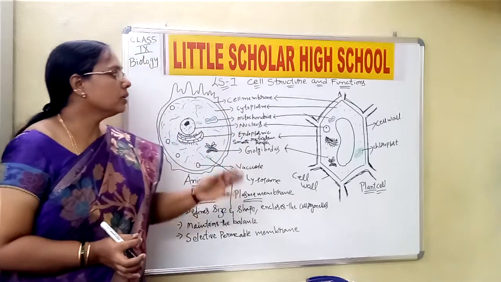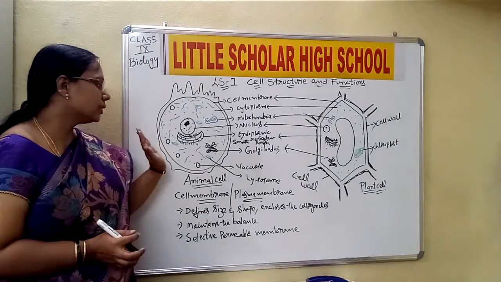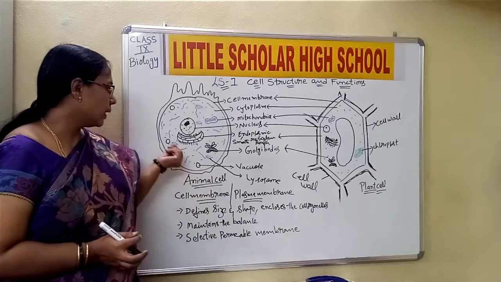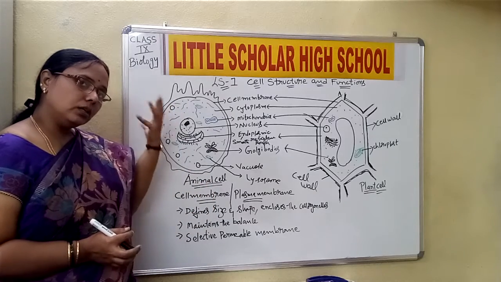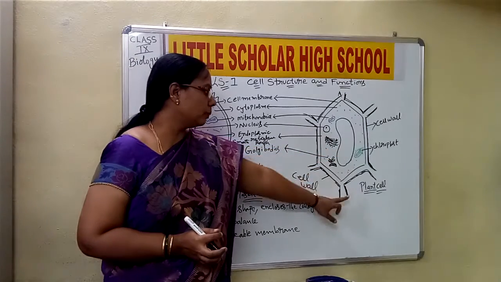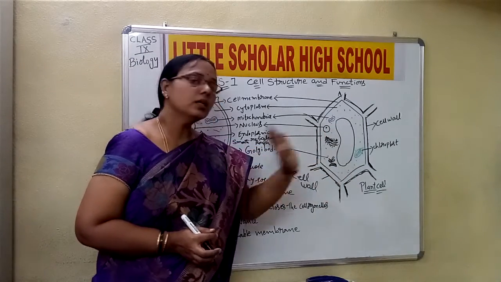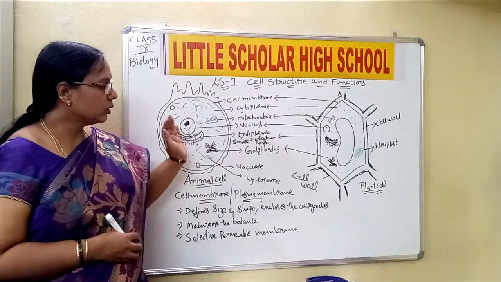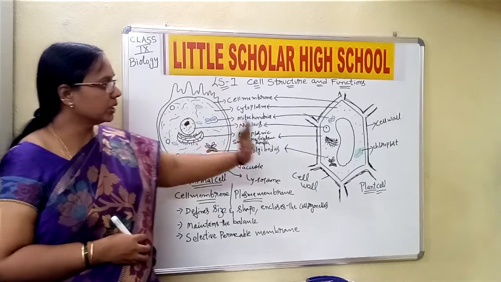Okay, and here the vacuole is to the little side. It is not present in the center. In animal cell, the vacuole is towards the sides. But whereas when we talk about the vacuole in the plant cell, it is in the center. Understood, children?